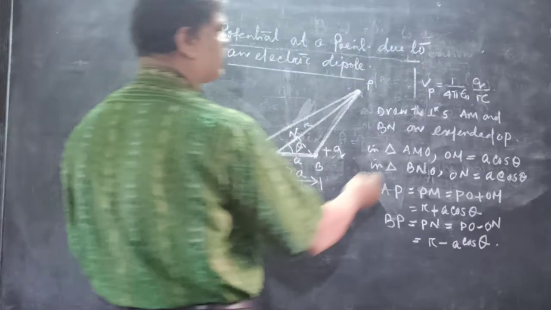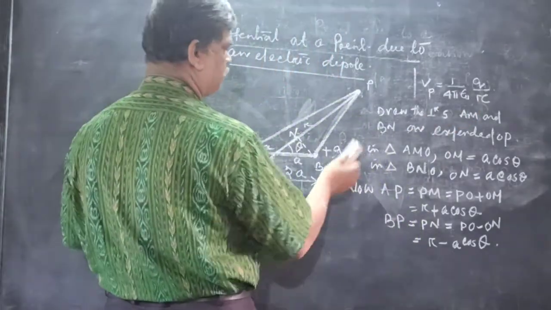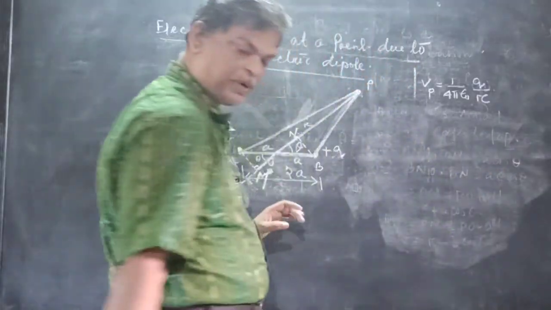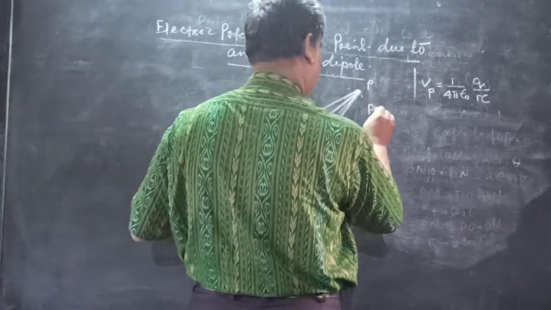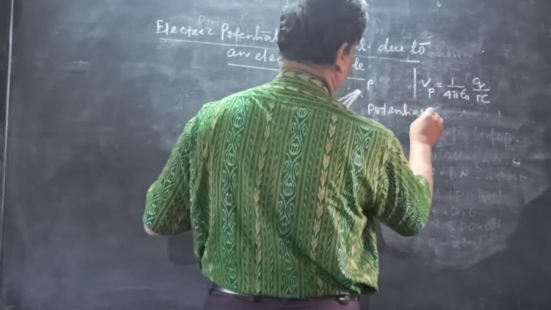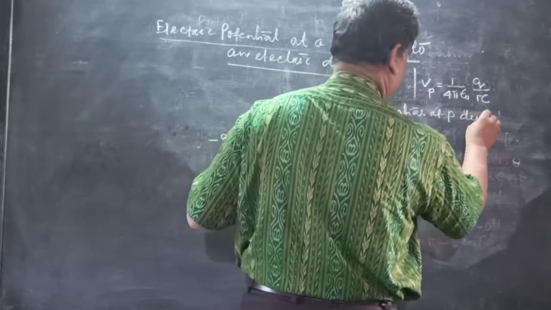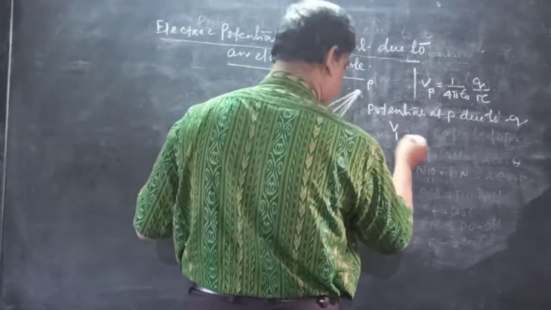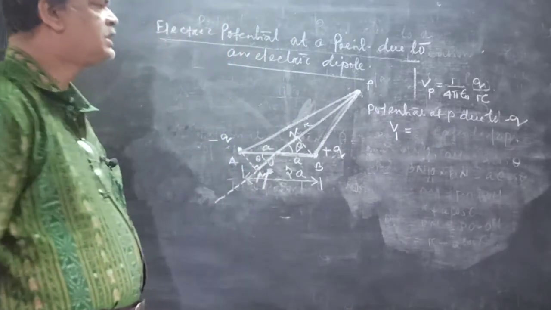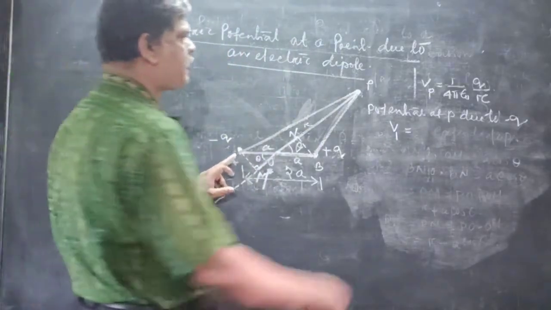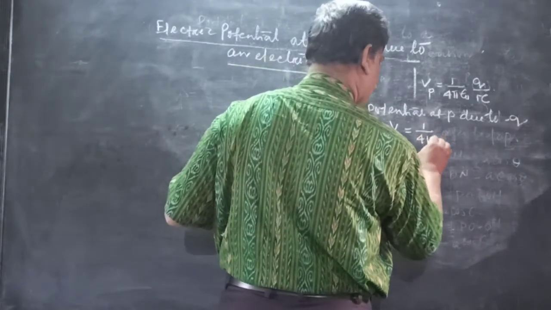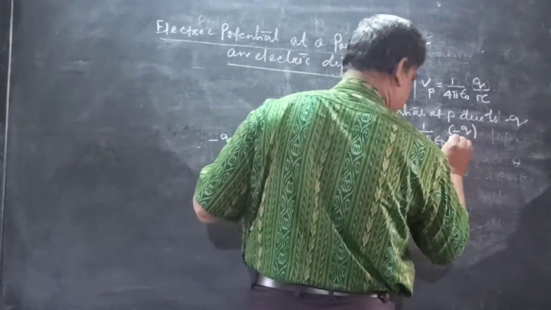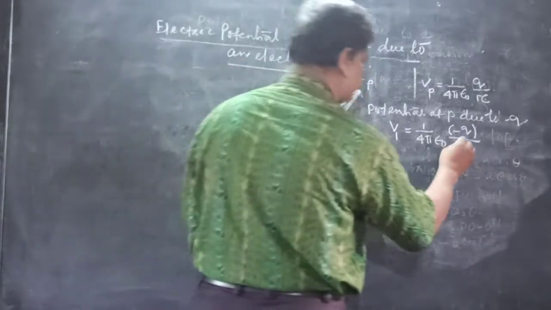Now we need the potential at point P due to minus Q and the potential at point P due to plus Q. Let us write the potential at point P due to minus Q. Let it be V1, or V minus Q. By the formula, 1 by 4 pi epsilon 0 times the source charge, minus Q, divided by the distance from this to this, that is AP.